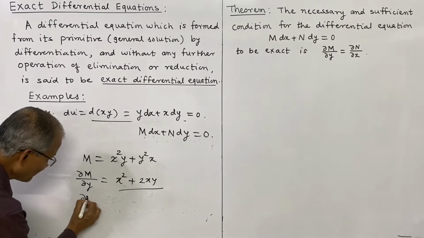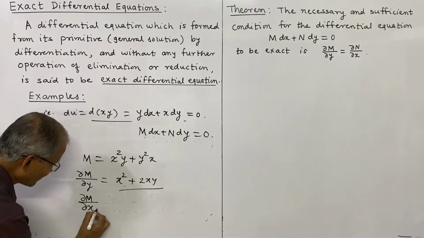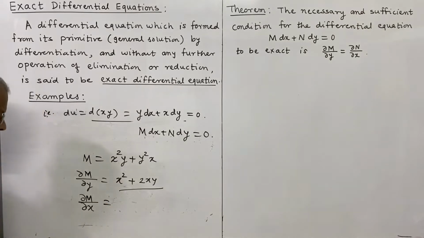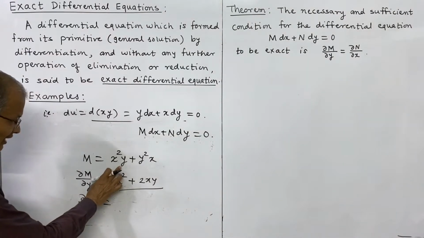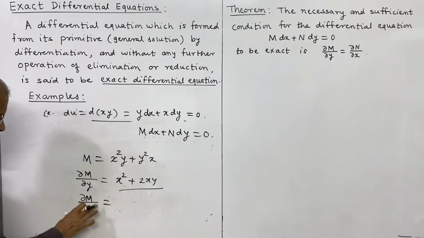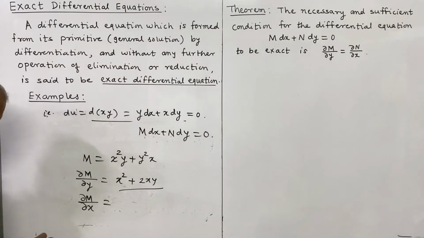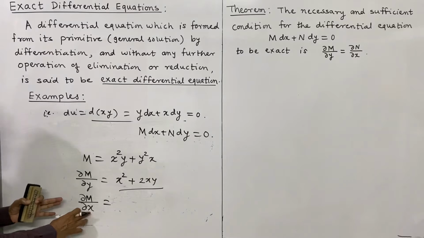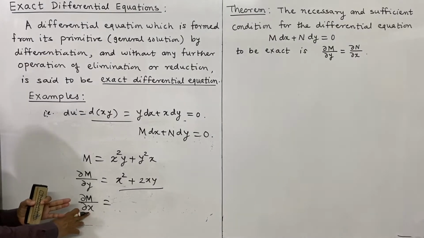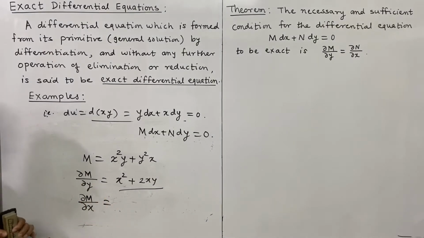Similarly, if you take the partial derivative of m with respect to x, then we have to treat y as constant. So here y is constant, it remains as it is, and the derivative of x square with respect to x is 2x. So it is 2xy, plus the derivative of this term with respect to x, treating y as constant, which will be y square. When we are differentiating with respect to one variable, the other variable is to be treated as constant.